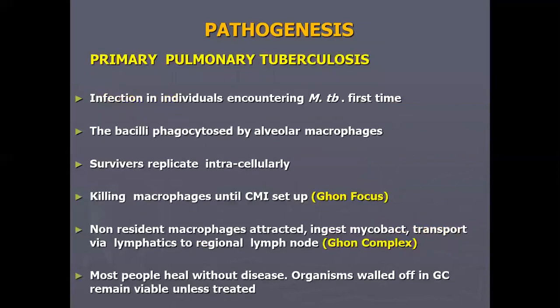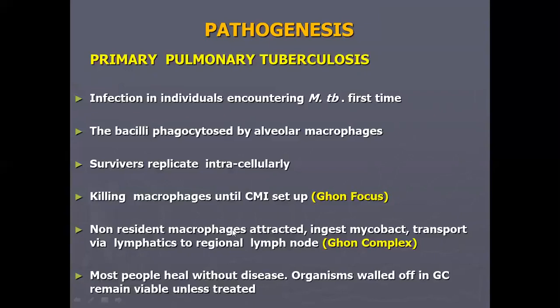In primary pulmonary tuberculosis, the individual is encountering Mycobacterium tuberculosis for the first time. The bacilli are phagocytized by the alveolar macrophages. If they're not killed, they will survive and replicate intracellularly, killing macrophages until the cell-mediated immune response is initiated and the Ghon's focus is formed.